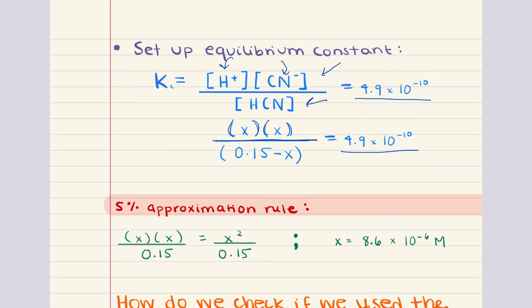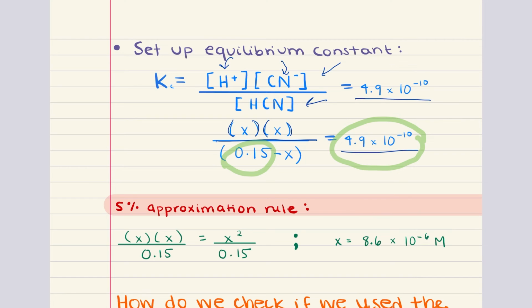This is often valid when K is very small or very large, or when the initial concentration is significantly high. Now, for this problem, this assumption is valid, and we can tell by looking at our value for the equilibrium constant and our initial concentration. There is a huge magnitude difference between these two values.